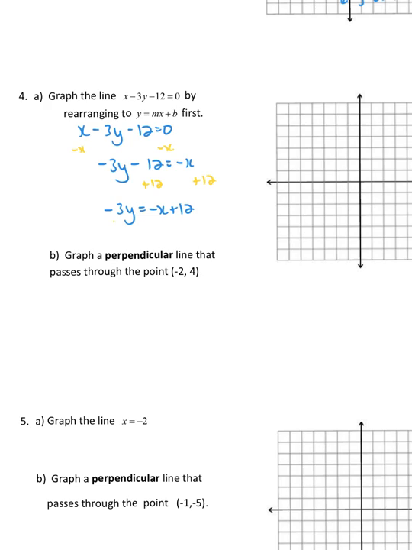And then I need to divide by that coefficient in front of y, which is -3. So anytime we divide by a negative, let's be careful with our signs. -x divided by -3, so that's -1x divided by -3. Two negatives make this positive. So I am going to write this as 1/3 x.